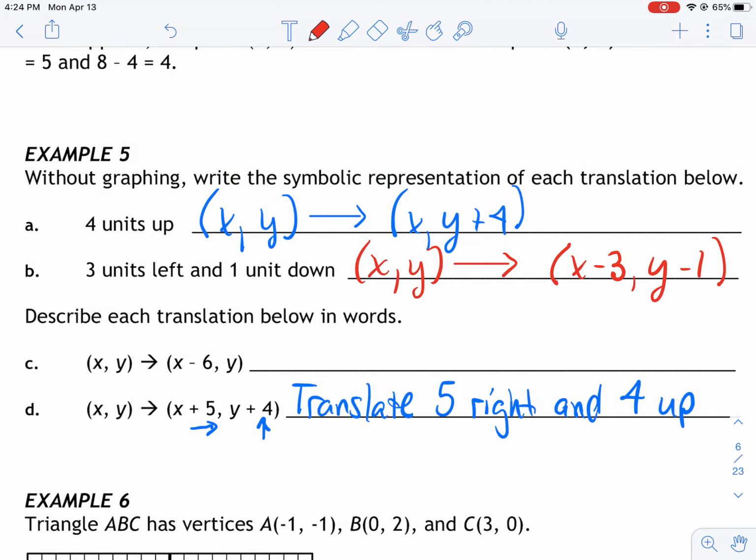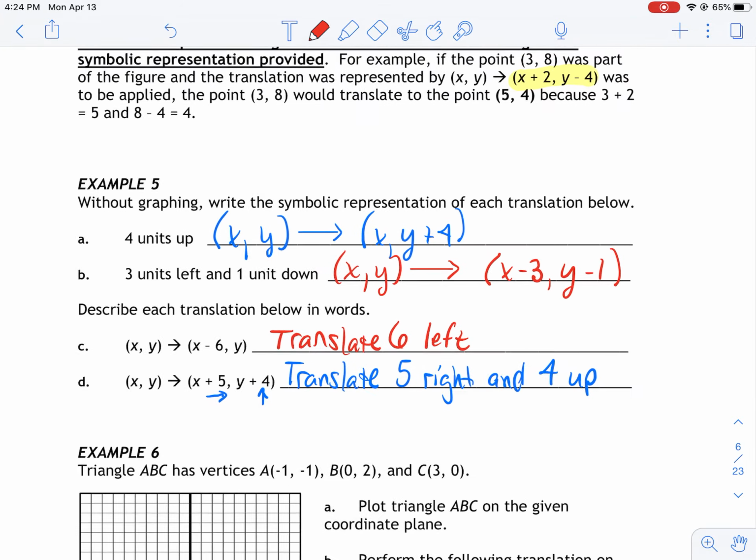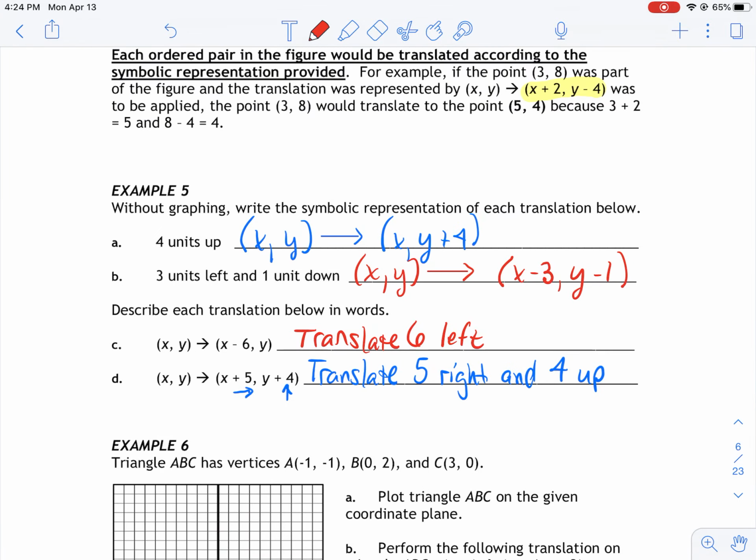Try C. Okay. Well, if you did it correctly, you should have said translate 6 to the left. Okay? And that's how the symbolic representation works.